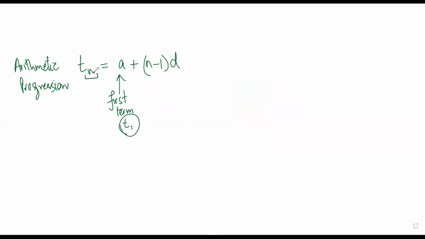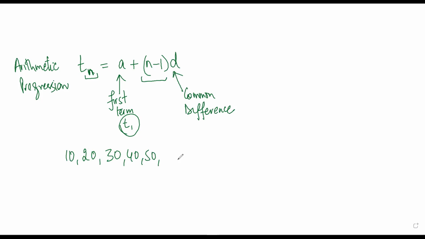So whatever term is denoted by n, you multiply D by n minus 1. And D is my common difference. So for example, I have a sequence like this.